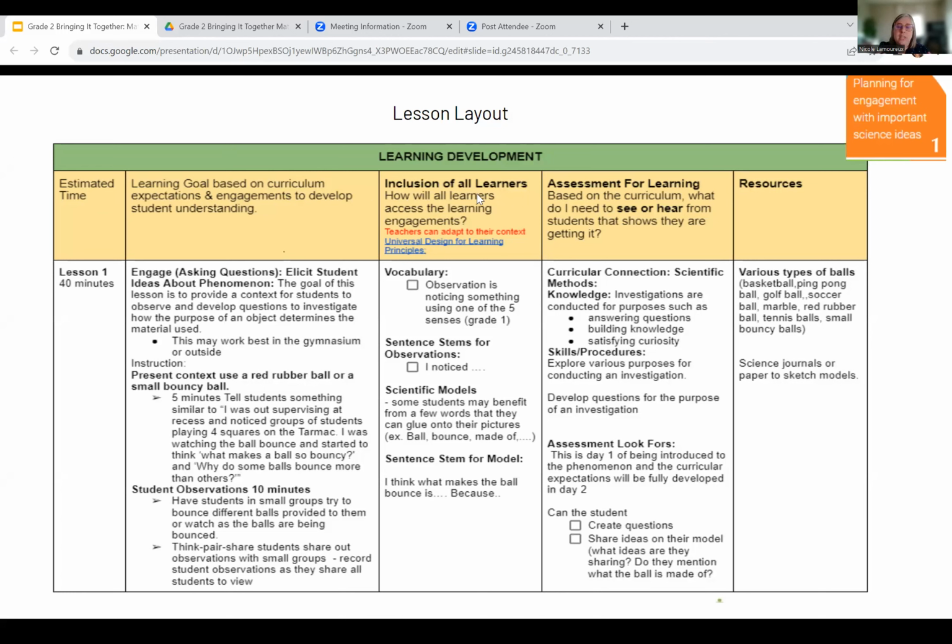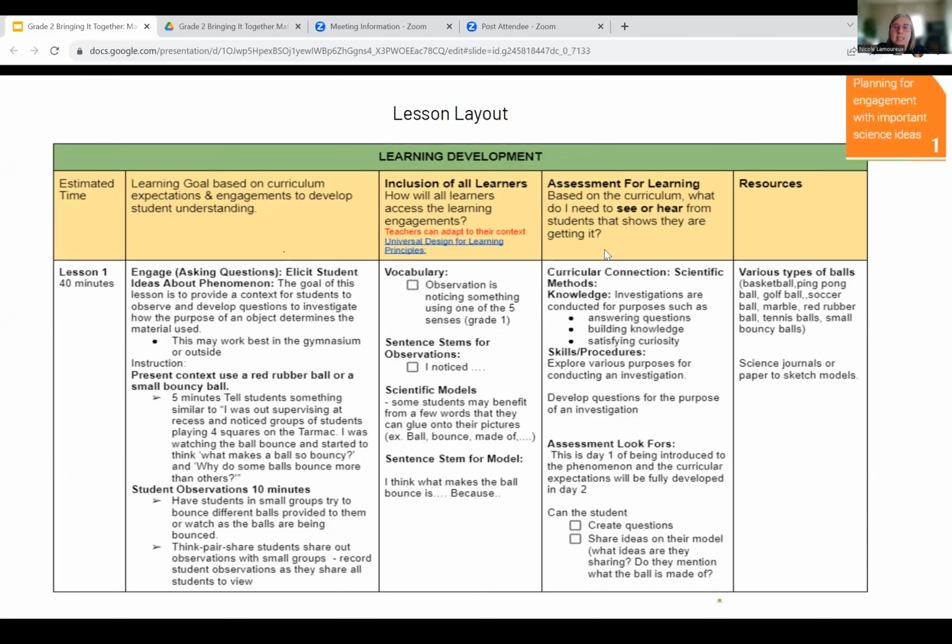And then thinking about inclusion of all learners: how will all learners access the learning engagements? I have linked Universal Design for Learning principles, which are connected to that. I primarily focus on vocabulary, so I will pull out and highlight vocabulary for that particular lesson and provide sentence stems that you may use. The odd time I might put in some instructional strategies that you may consider or use.